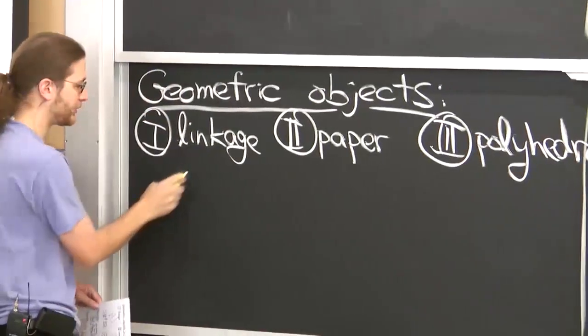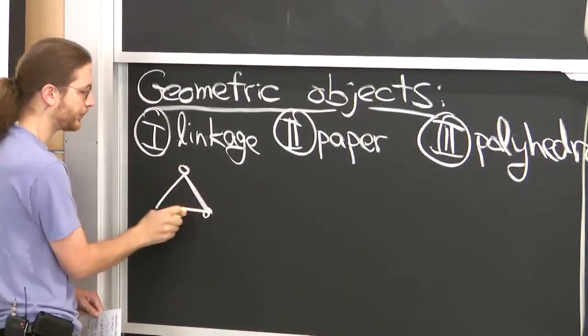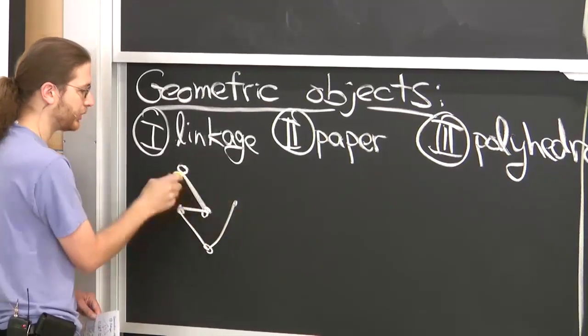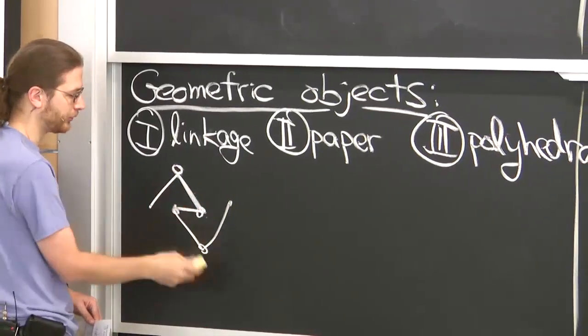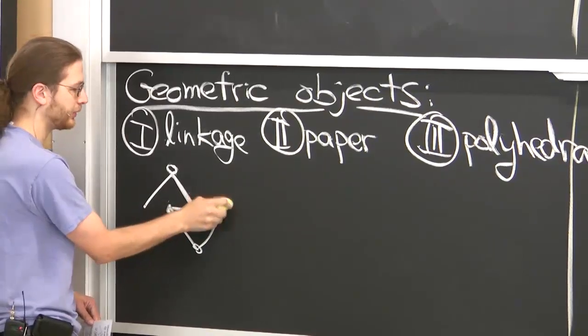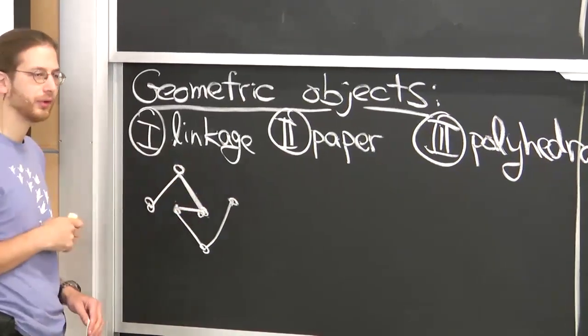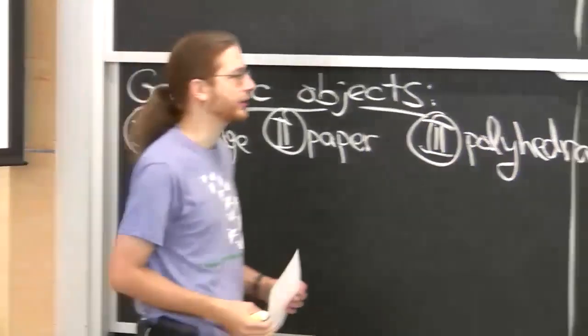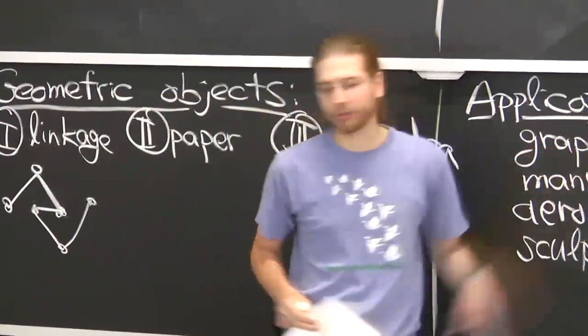A linkage is something like your arm or a robotic arm. You have one-dimensional straight links like bones and hinges that connect them together. And you'd like to know how that thing can fold. So this is like in the graphics world or mechanical linkage world.